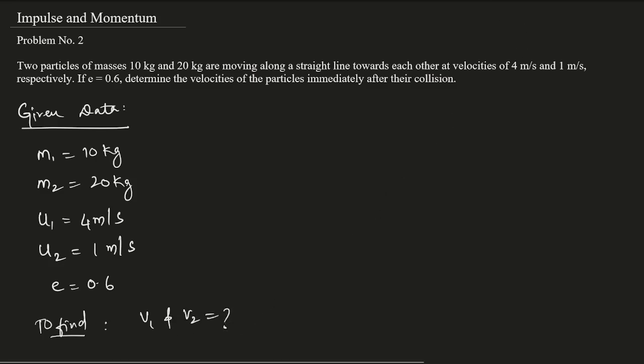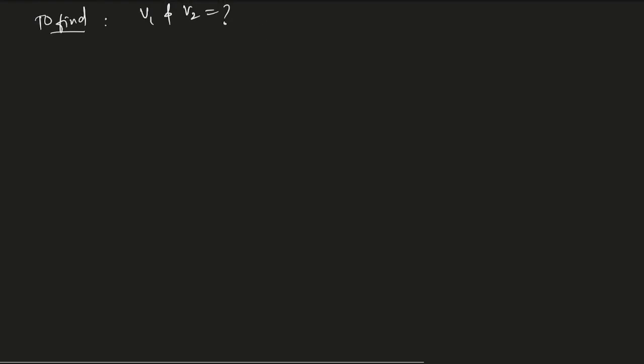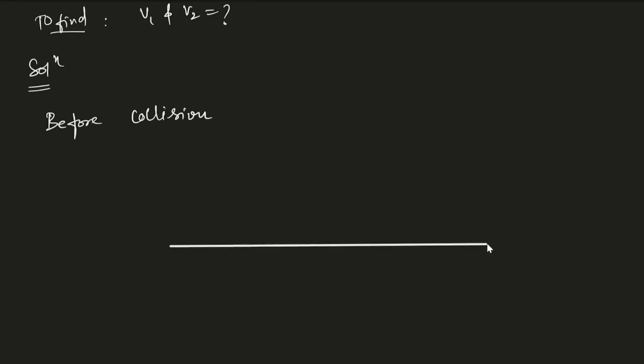Okay, now for this what we can do is we can first draw the solution before collision. So before collision we have a straight line, and here we have two masses.